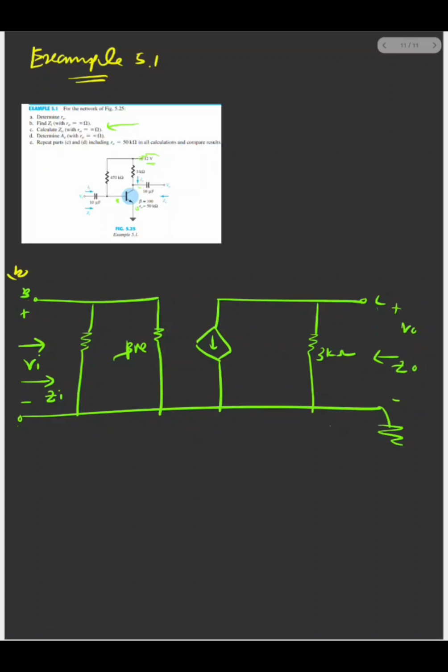The current through beta RE is IB and this is IC. You all know IC is equal to beta IB, and we can put this as IO, as our easiest way. So now we will consider the question, the Zi.